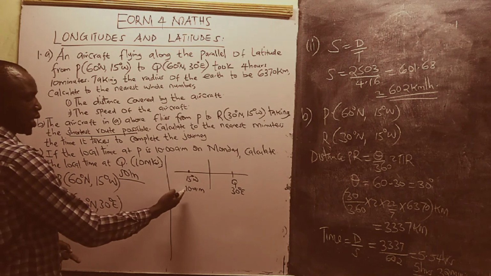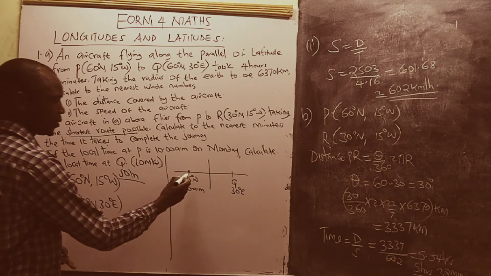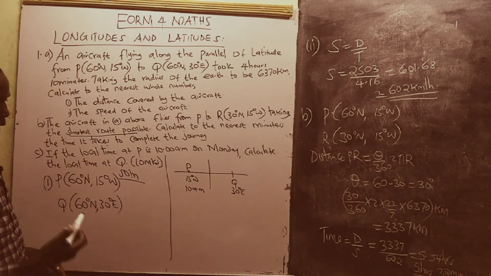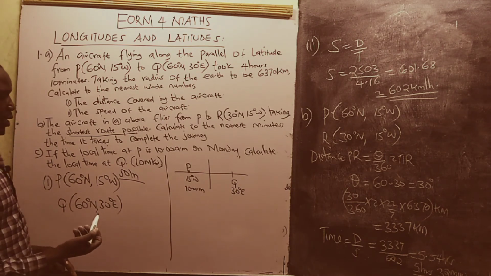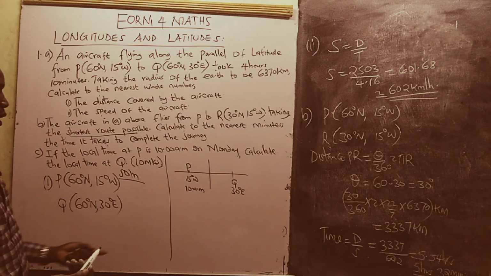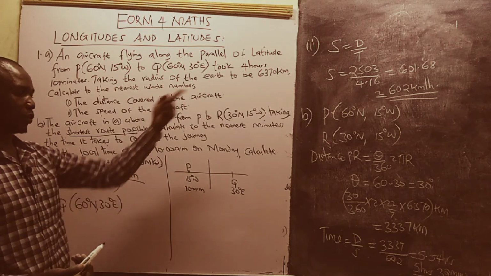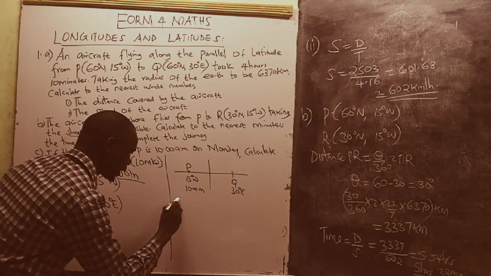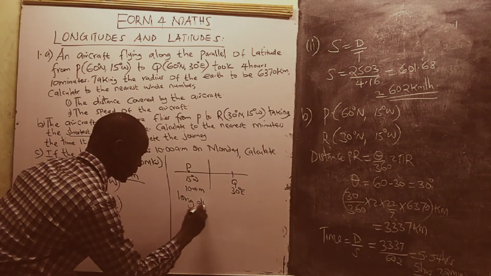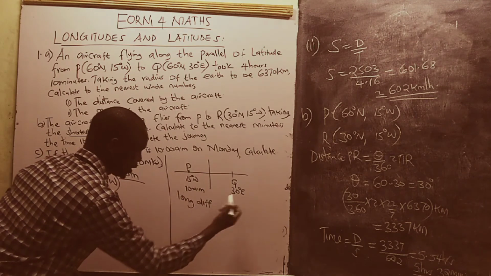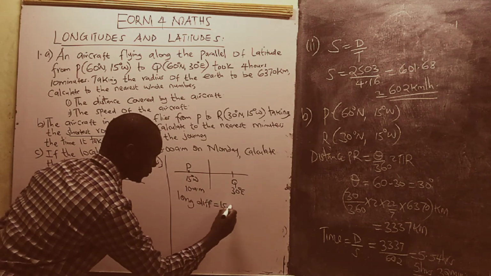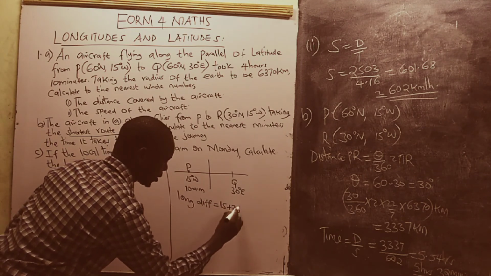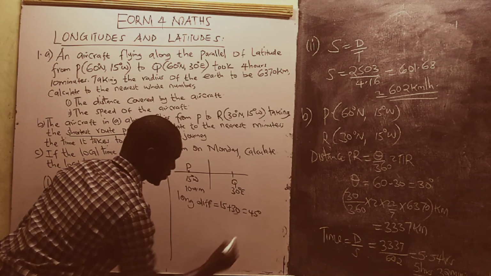Since Q is ahead of P, we are going to calculate the time difference in terms of minutes or hours, then add to 10 a.m. so that we can get the time at Q. So we know that our longitude difference here, since this is west-east, we are going to add, 15 plus 30, which gives us 45 degrees.